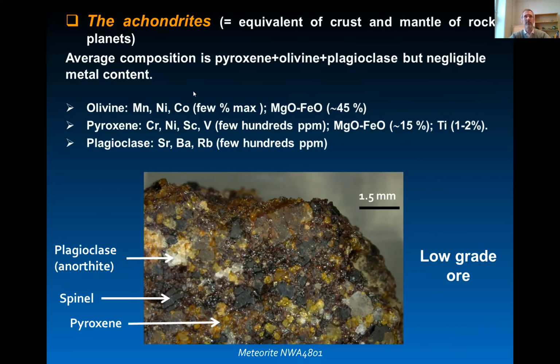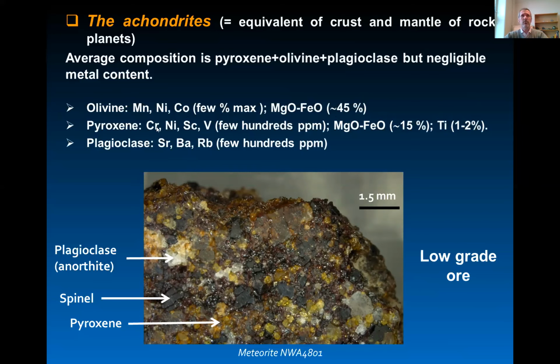But because we have a significant amount of olivine, we can expect manganese, nickel, and cobalt at a few percent in terms of composition. Magnesium and iron, probably about 45% of the composition of olivine. So that is highly dependent on the proportion of olivine in the parent body.